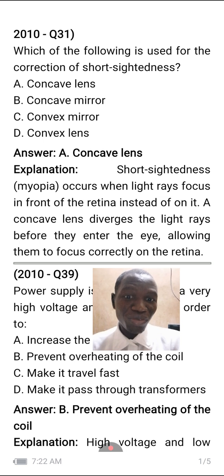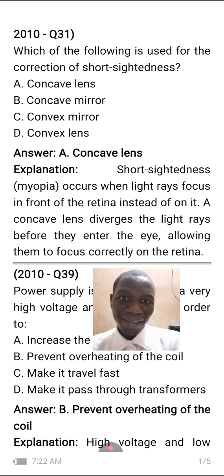So once you begin to remove those that can never be part, guess what? You are narrowing down to the correct answer. That's just it. So we are not talking about mirror here. We are talking about lens. So of course, B and C are gone already. They are never part of our answer.